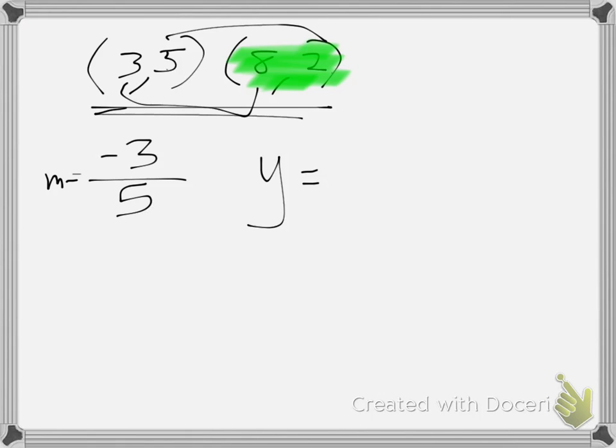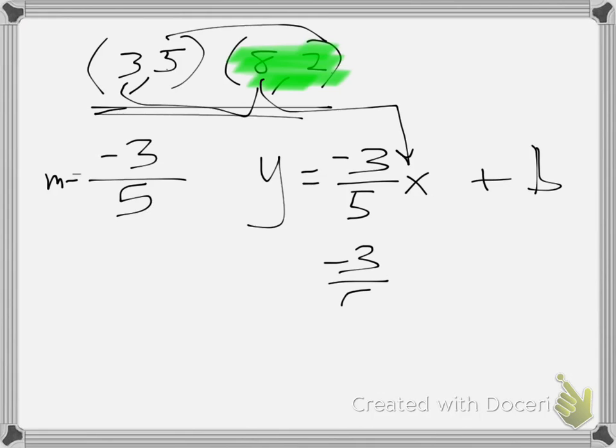So y equals negative 3/5 x plus b. Plug in my 8, plug in my 2, and this looks like it might be a little ugly at the fractions, but I like those.